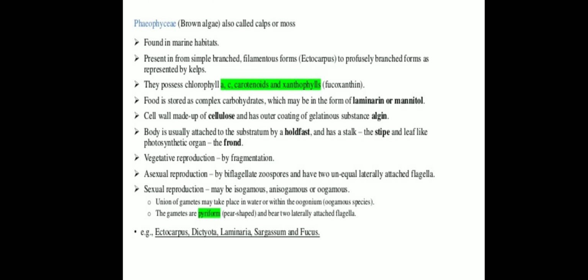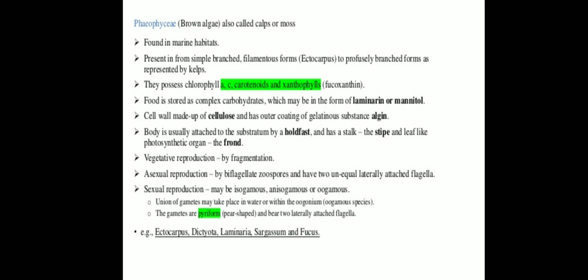The cell wall in brown algae is made up of cellulose, and it also has an outer coating of a gelatinous substance, algin. So this is a special feature of brown algae. It has a cell wall made up of cellulose and an outer coating of algin. The body is usually attached to the substratum by a holdfast and has a stalk, the stipe, and a leaf-like photosynthetic organ, the frond.